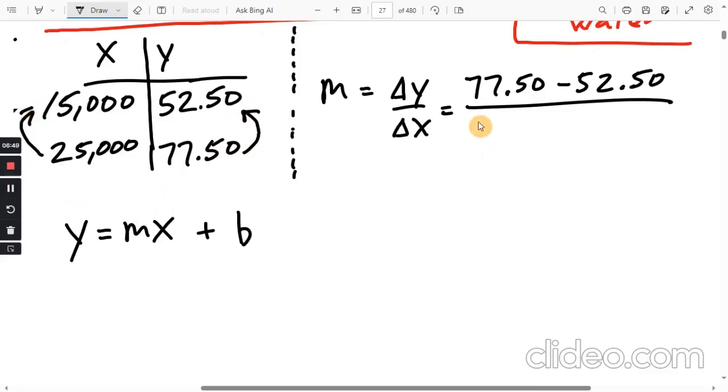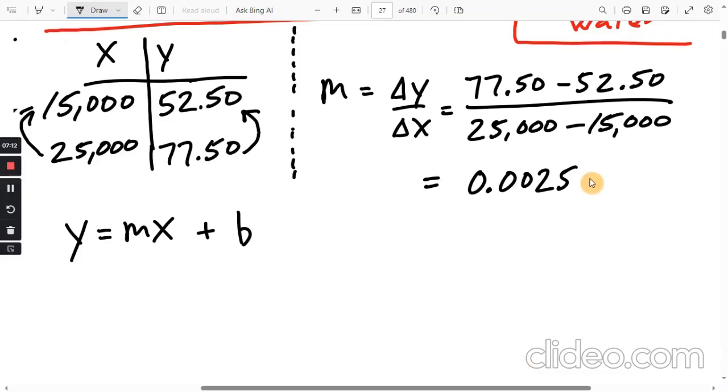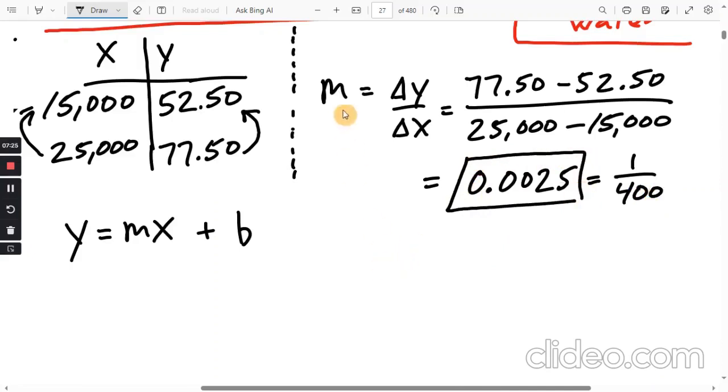Notice I went the same way. I subtracted in the same direction on both of those. Okay, and using the calculator, I get 0.0025. Okay, you certainly could leave it as a fraction if you want, but we're going to be writing an equation. Okay, this is actually 1 over 400. So you could use either one. I'm going to use the decimal for now. All right, that's the slope, m.